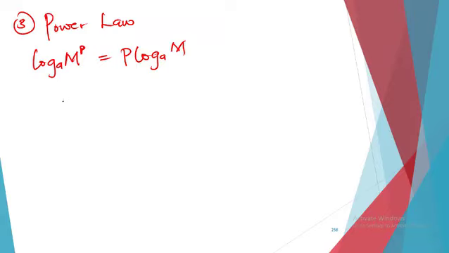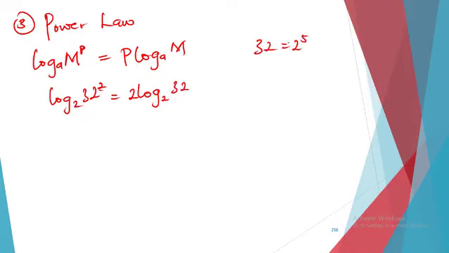Assuming we have log 32 squared base 2, this is simply, bring down these 2, 2 log 32 base 2. Do we understand? And then remember that in base 2, 32 is equal to 2 raised to power 5.